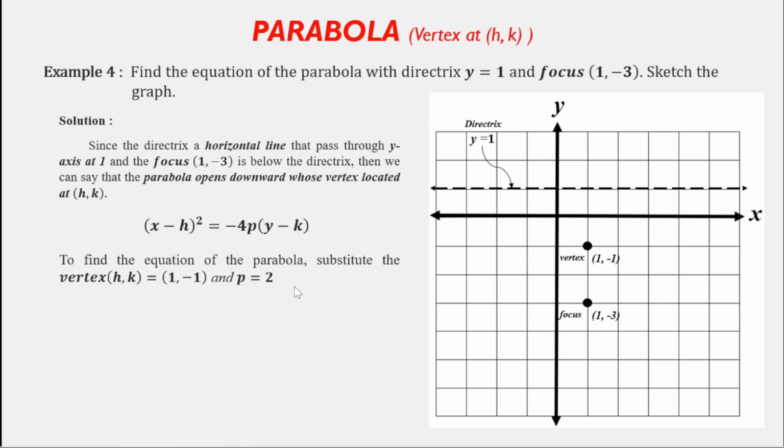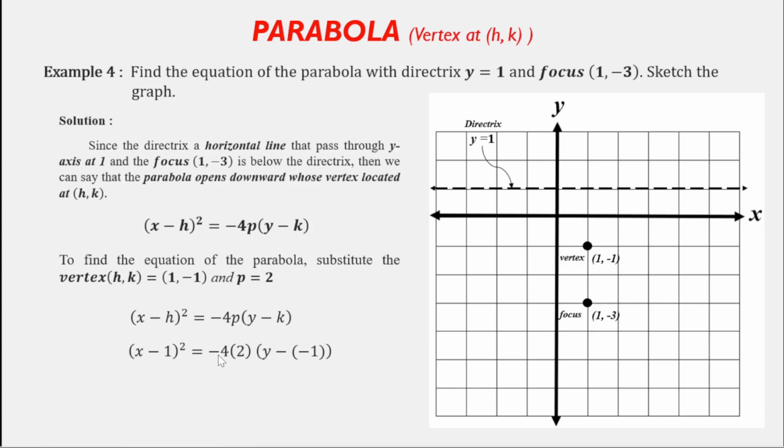To find the equation of the parabola, substitute the vertex h and k, which is (1, -1), and the value of p into the equation. We substitute h equal to 1, p equal to 2, and k equal to -1. So we have now (x - 1)^2 = -4 times 2 times (y - (-1)).